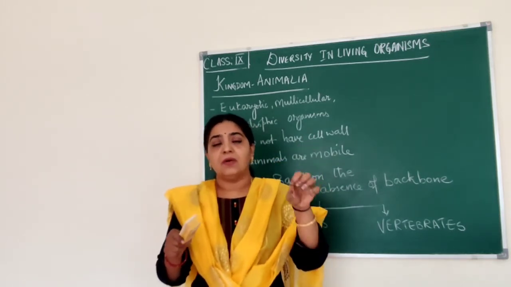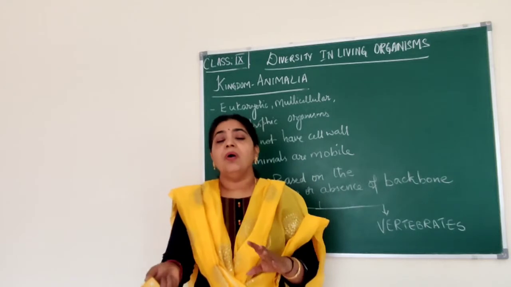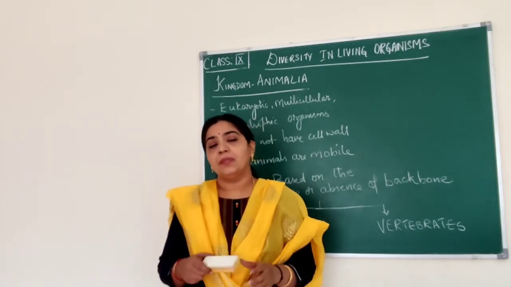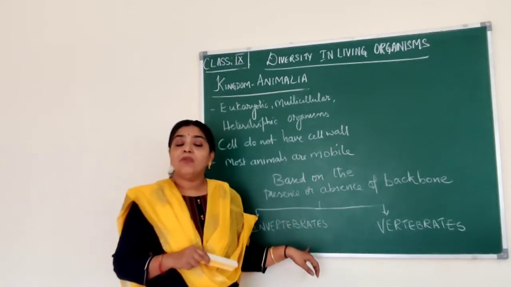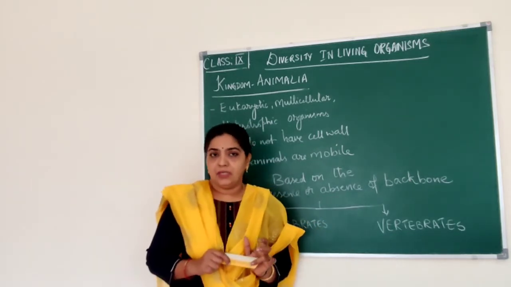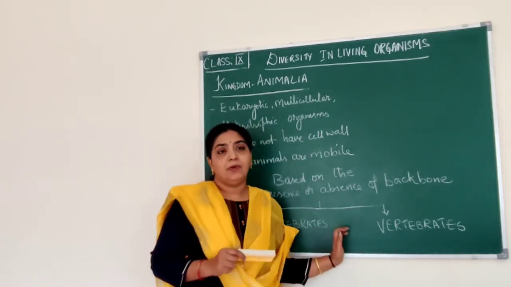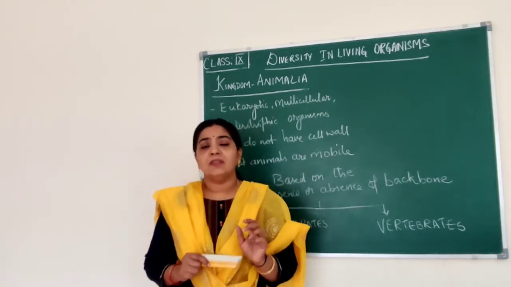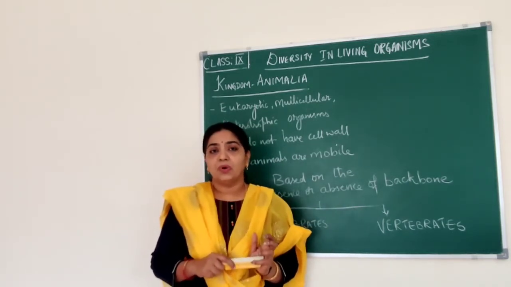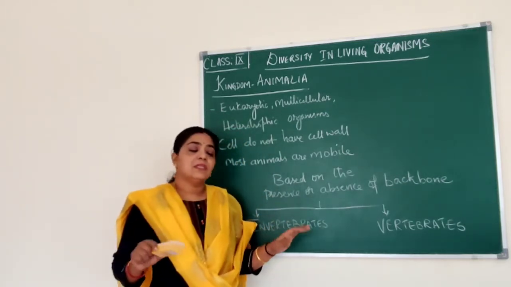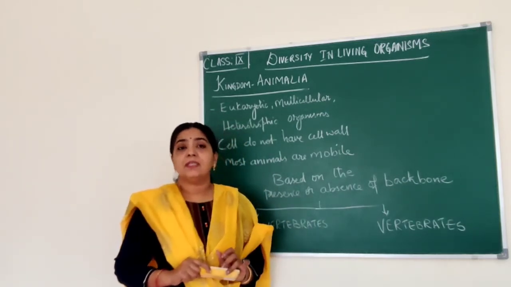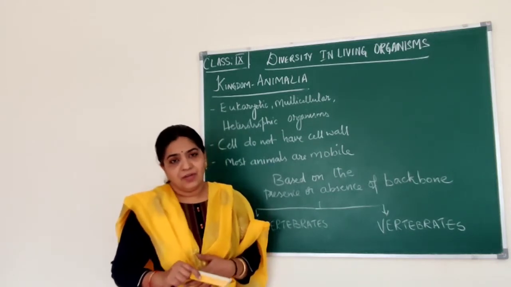So based on whether those animals have a backbone or not, animals are classified into two kinds, that is invertebrates and vertebrates. Between invertebrates and vertebrates there is one more group, that is protochordates, which I will be teaching you later. So basically the animals are classified into two types, invertebrates and vertebrates.